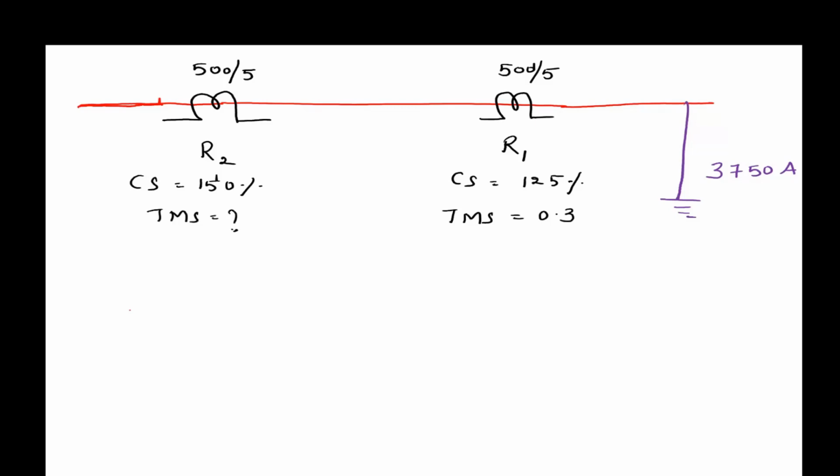I need to achieve a time discrimination of 0.6 seconds between these two relays. Calculate the time multiplier setting of relay R2 such that there is a time discrimination of 0.6 second between the operation of relay R1 and R2.